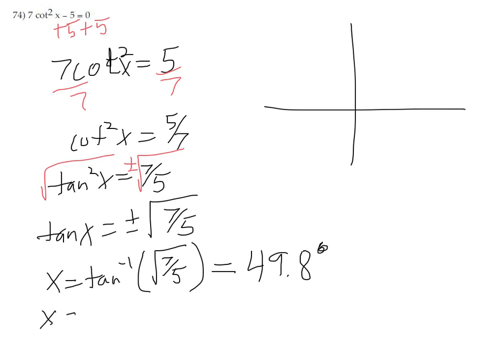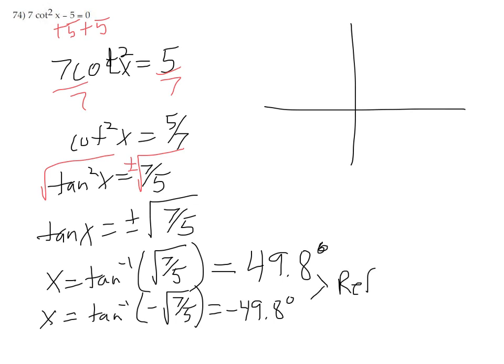Now if you did the negative one, that would give you negative 49.8 degrees. That wouldn't be any more useful. What we really get out of either one of these is the reference angle, which is 49.8 degrees. So now we just need to go after this first one, 49.8 degrees.